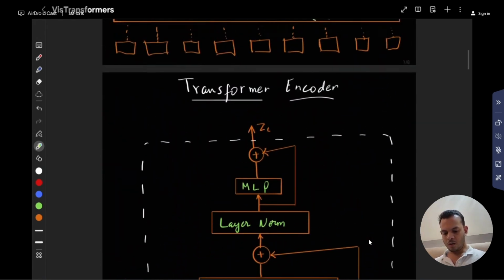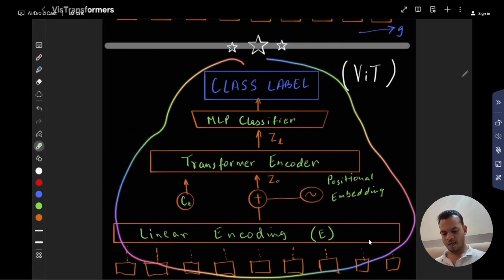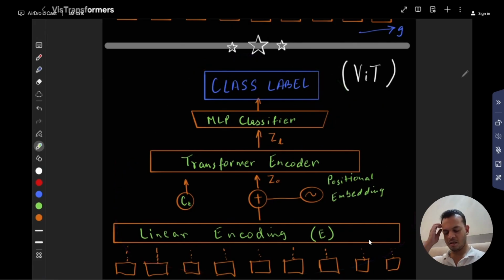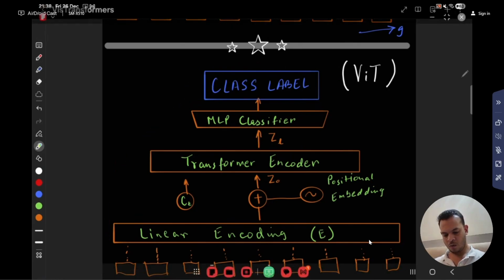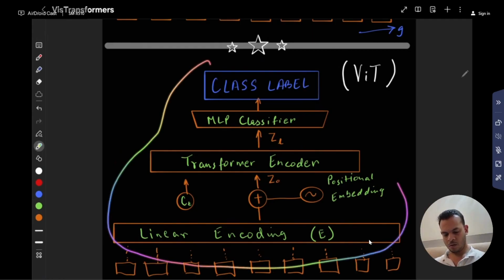So now we are able to understand this whole thing. As I mentioned, there's an MLP classifier here, but it works just like any other MLP classifier to have that final level of learning and memory. So now we know how the whole architecture of the vision transformer works.